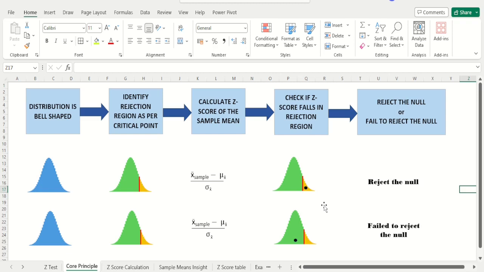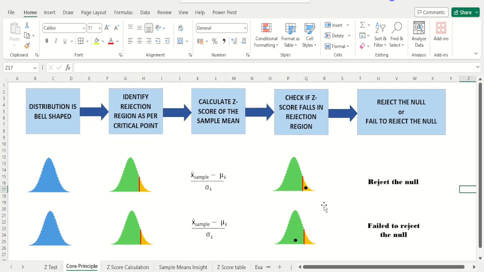Okay, let's do a quick recap. One, identify the areas of rejection. Second, calculate the z-score of the sample that you've taken. Third, check if that z-score lies in the area of rejection or in the area of non-rejection.